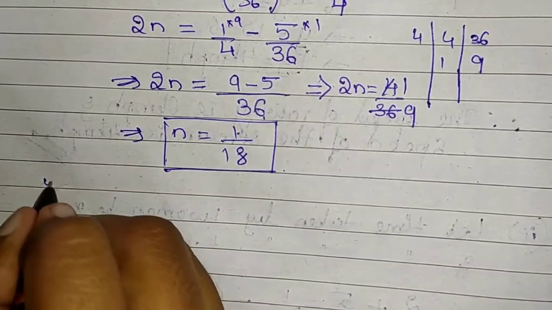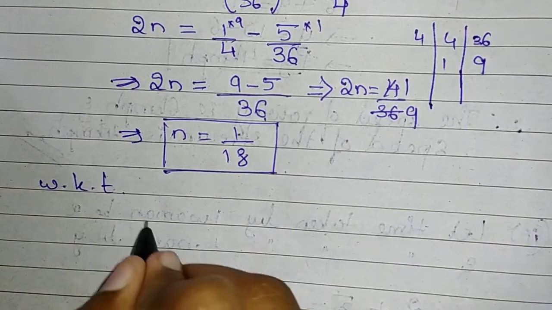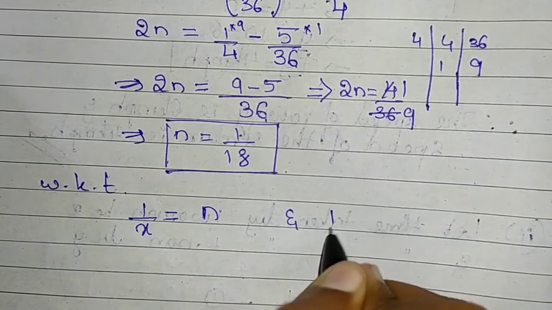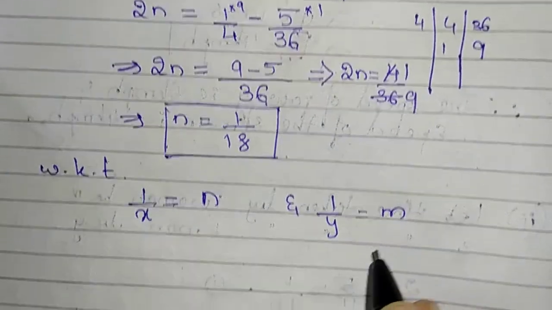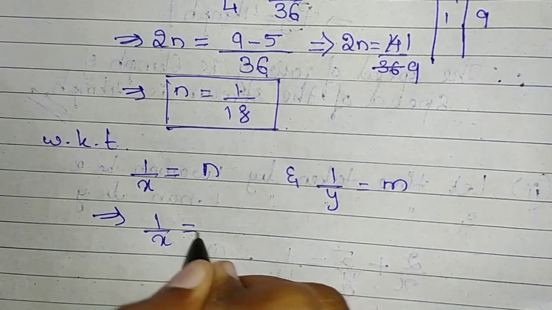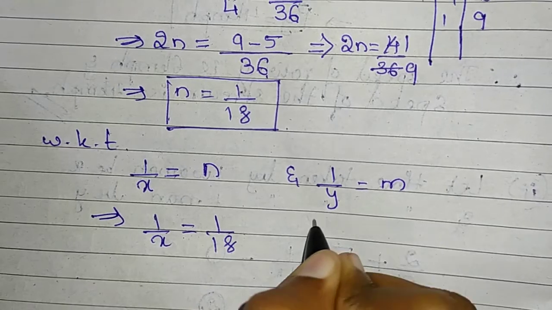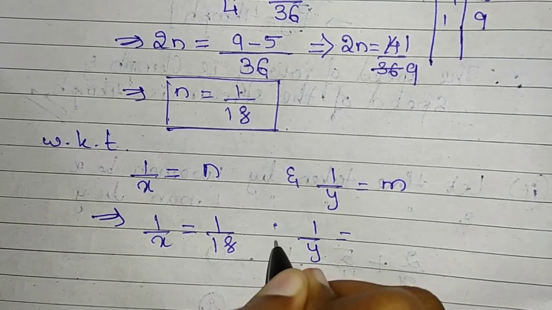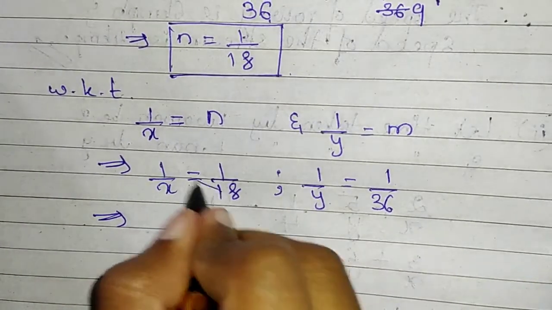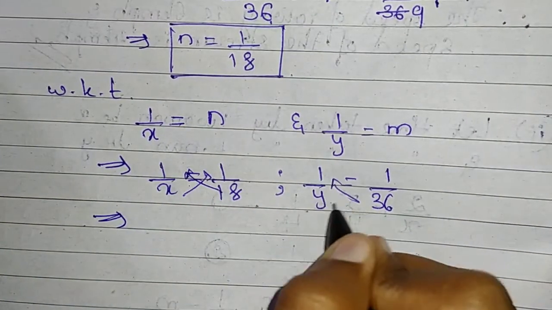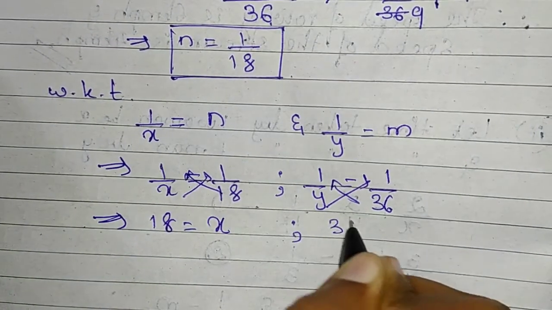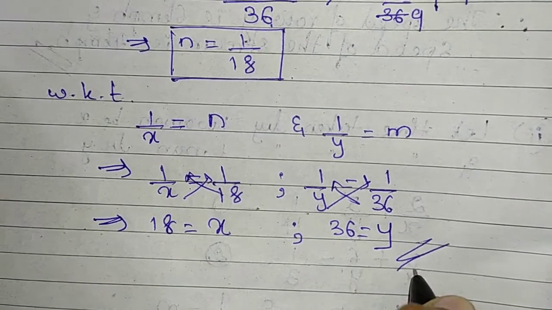So we know that 1 by X is equal to N and 1 by Y is equal to M. So this implies 1 by X is equal to 1 by 18 and 1 by Y is equal to 1 by 36. Cross multiplying them, we get 18 is equal to X and 36 is equal to Y. This is the required solution.